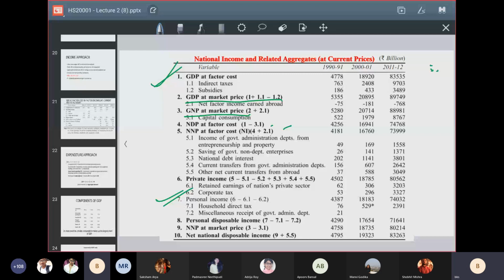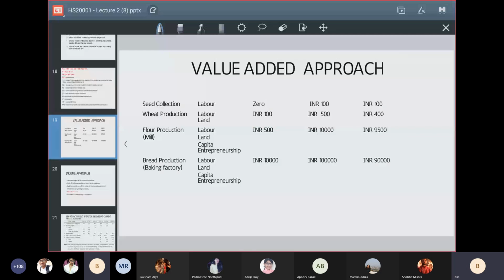Why, if there are no measurement errors, then all three should give you the same level of GDP. And this is the example I had given you in the case of value added approach.